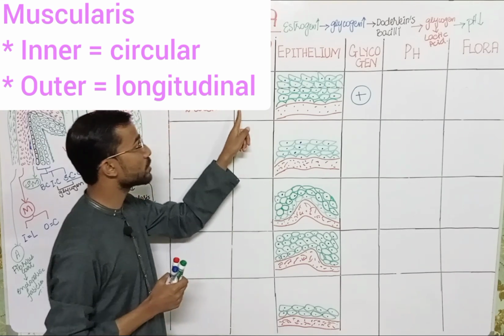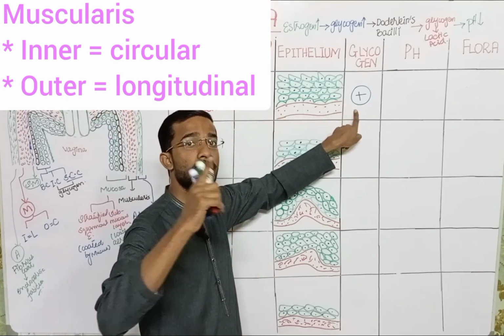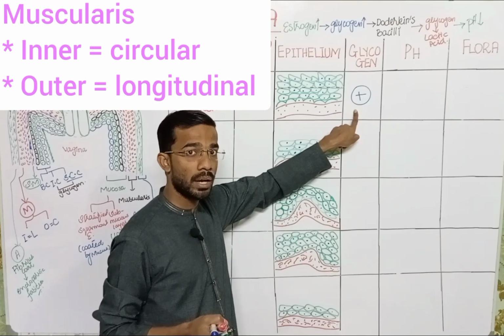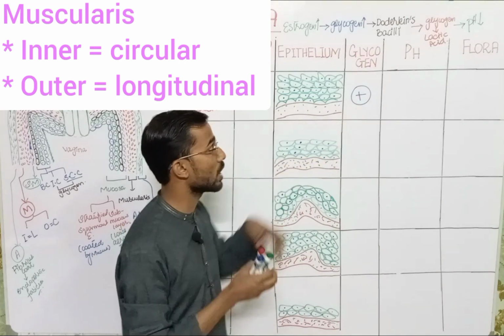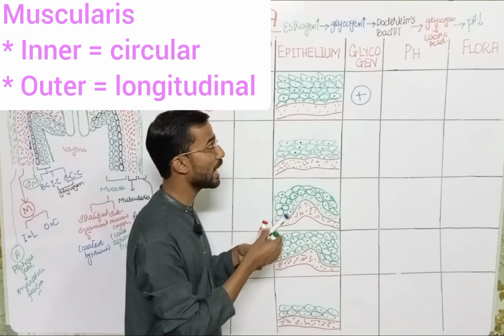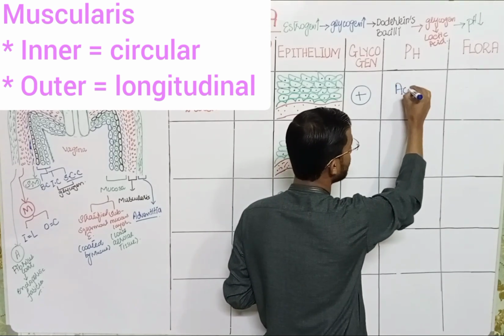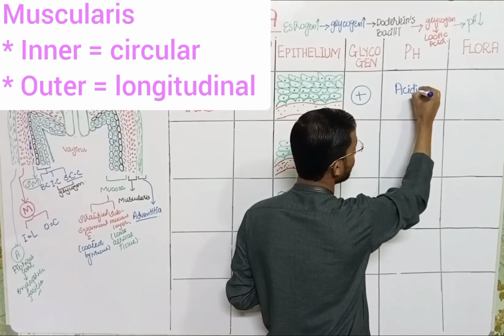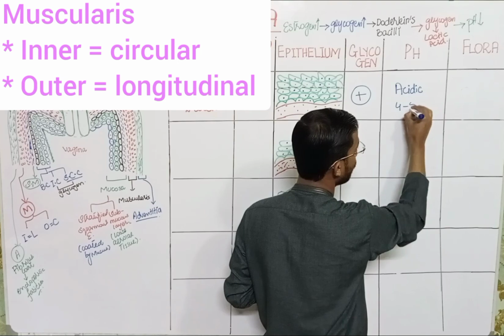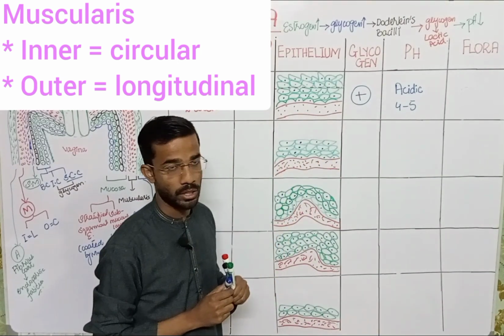So it means estrogen is produced, glycogen is also produced, Doderlein bacilli start growing, and in that situation they convert the glycogen into lactic acid, and if the lactic acid is produced, then the pH moves toward the acidic condition, and you see normally the range will be 4 to 5, and exactly 4.5 pH.